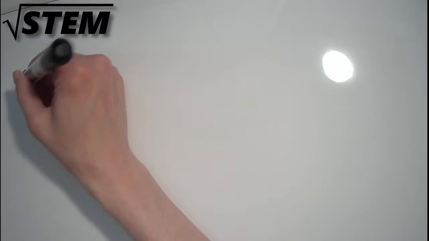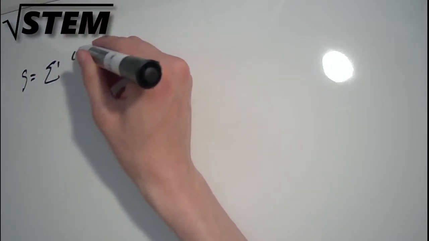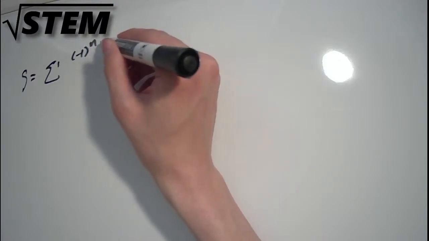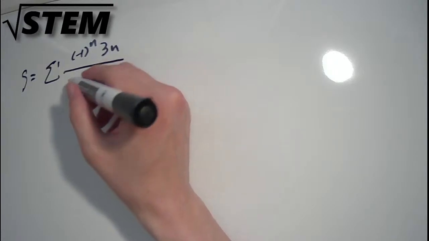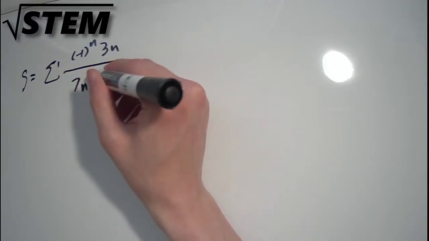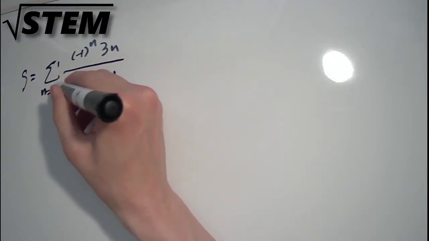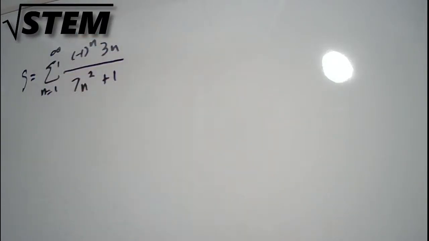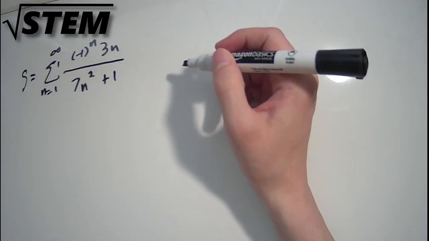So, the sum of (-1)^n times 3n over 7n squared plus 1, and I assume that goes from 1 to infinity. And I'm guessing we're doing the same thing: decide if it converges absolutely or conditionally, or if it diverges.